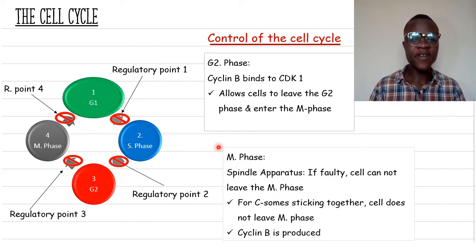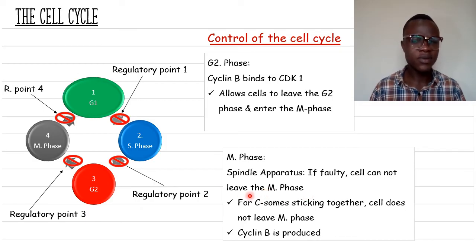For the mitotic phase, before the cell can divide or be allowed to enter the G1 phase, you should have the spindle apparatus present. If they are faulty, the cell will not leave the mitotic phase because they are very important for cell division.